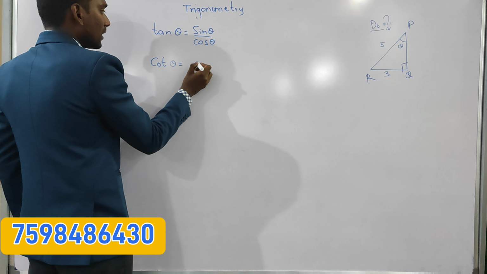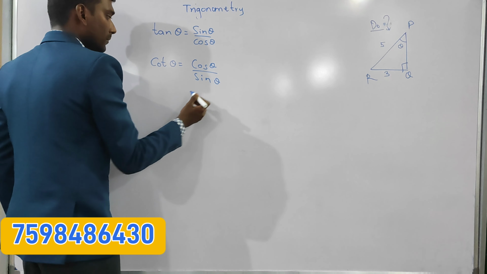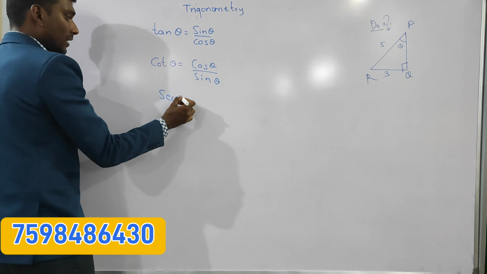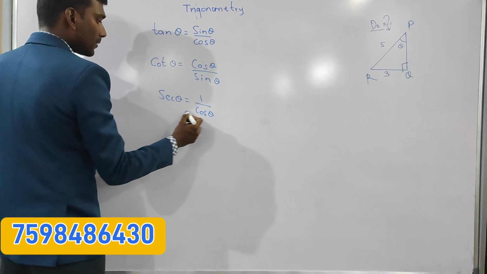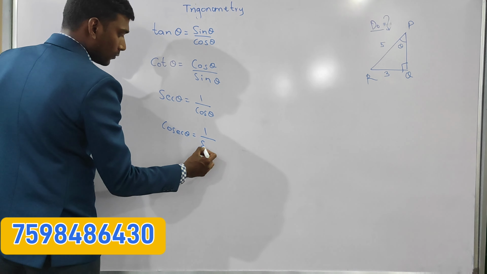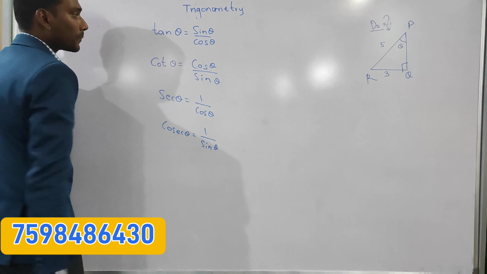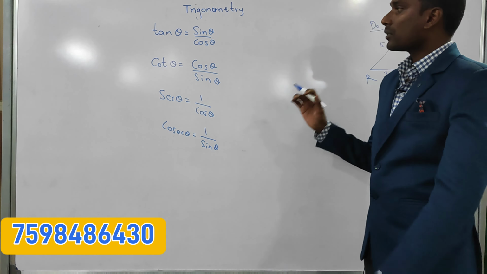Cot theta can be written as cos theta by sine theta. Secant theta can be written as 1 by cos theta, and cosecant theta can be written as 1 by sine theta. Now this will help you out to reduce your time in calculation.